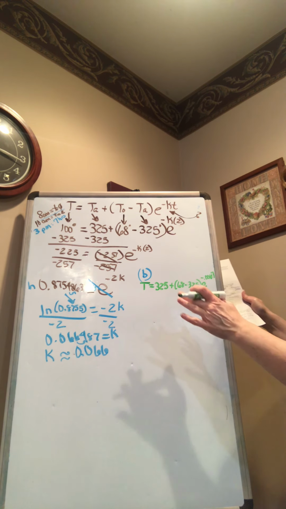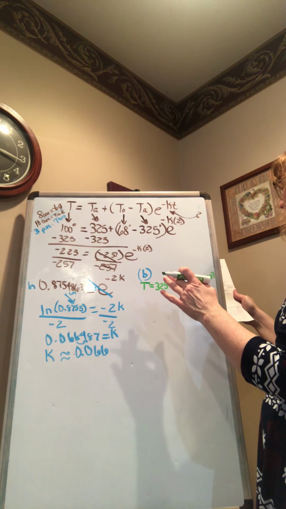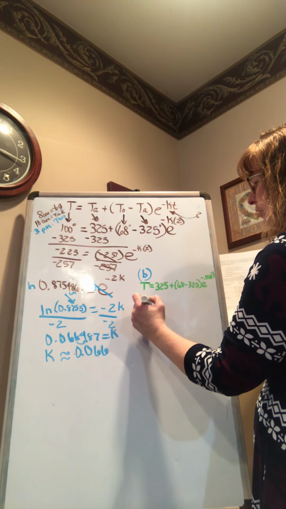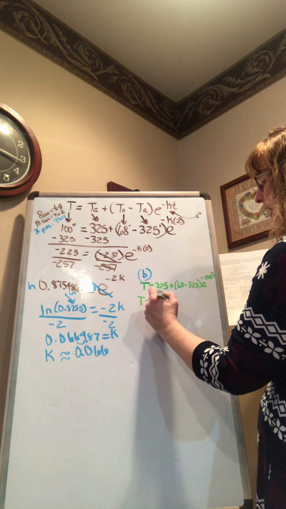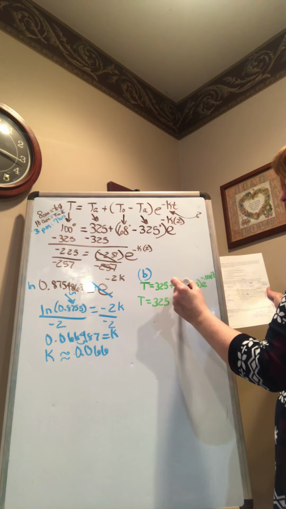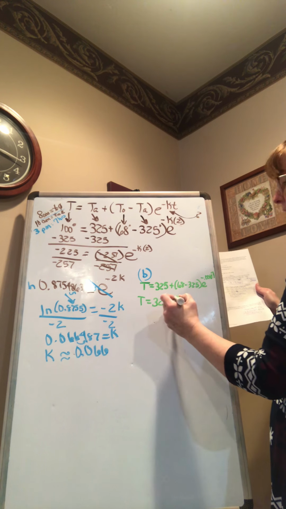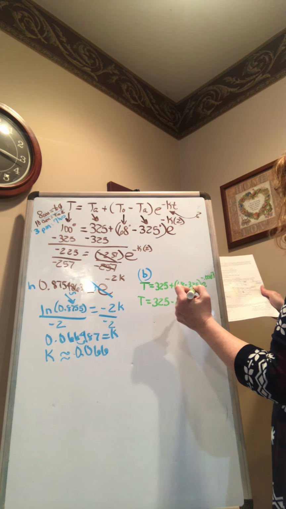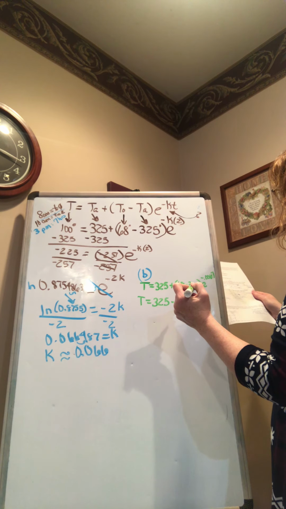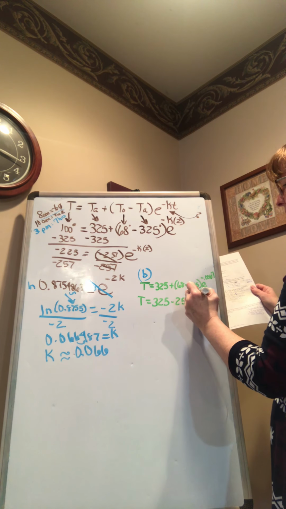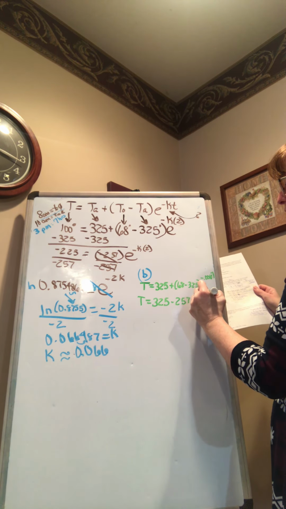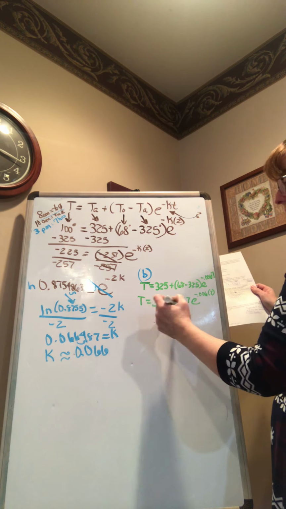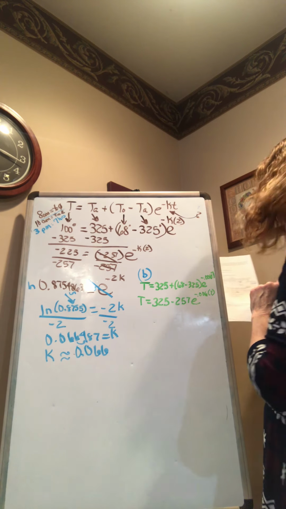So this one now, we just have to type in. So this temperature is 325. And remember, this became a negative number, -257 e to the -0.006 times 7.